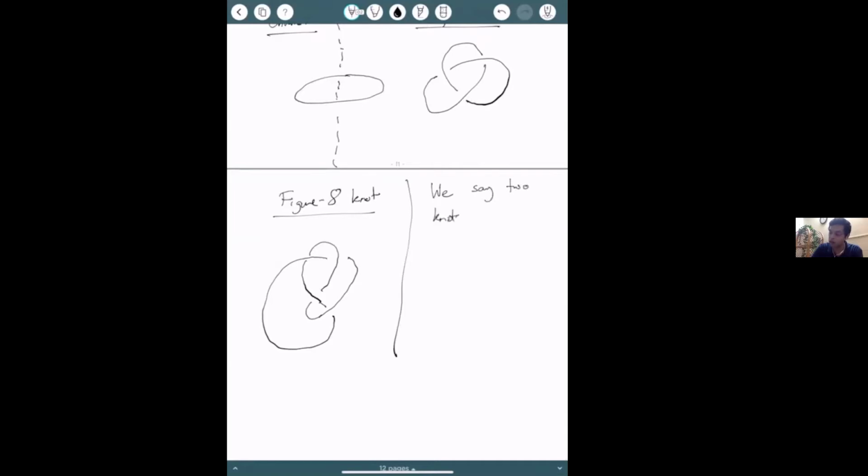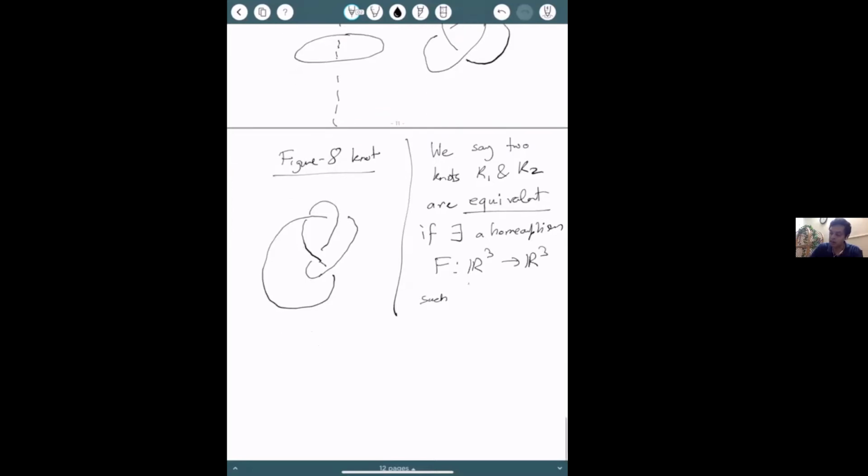So two knots, let's call them K1 and K2, are equivalent if there exists a homeomorphism, let's call it capital F, from R3 to R3 such that it takes one knot to another, such that F of K1 equals K2.